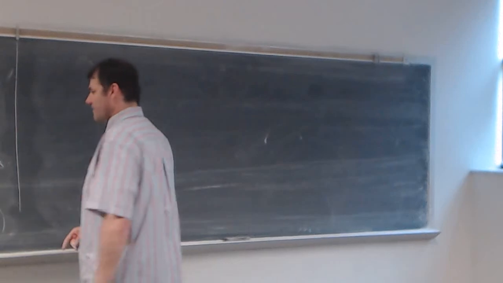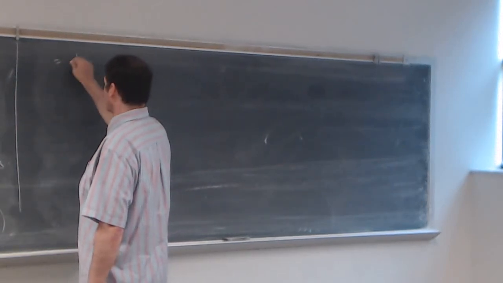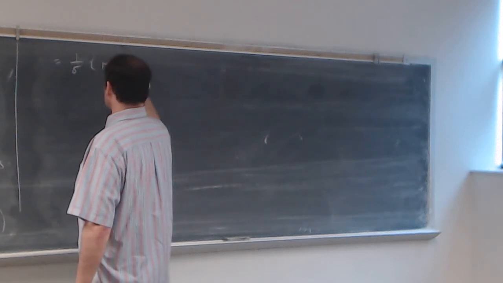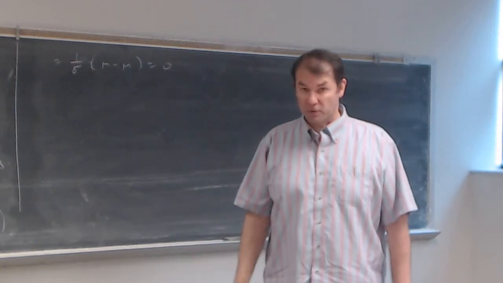And of course, the expected value of x sub i is equal to mu, so this is equal to 1 over sigma times mu minus mu, which equals 0. So the expected value of the x sub i stars is 0.